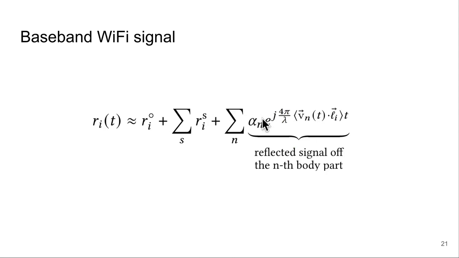Alpha n is the amplitude of the reflected path of the nth body part. v_n(t) is the 3D velocity vector of the nth body part at time t. L_i is a unit vector bisecting the angle between the two lines connecting the nth body part to the TX and RX of the i-th link. And lambda is the wavelength of the RF signal.